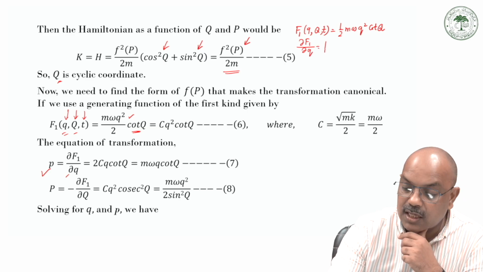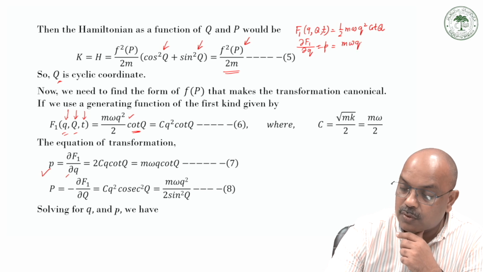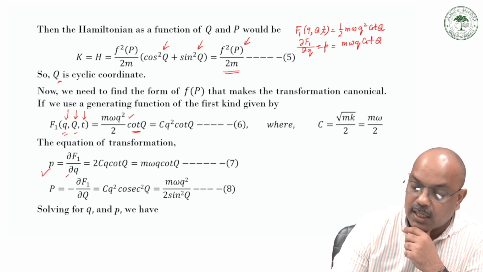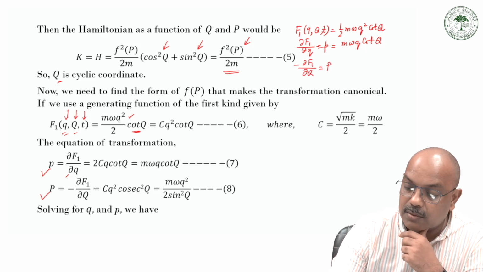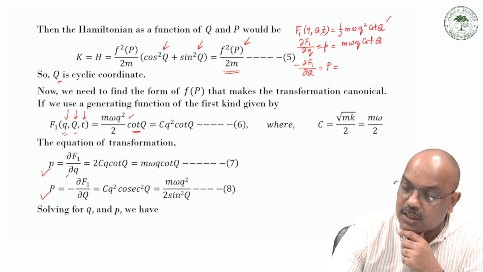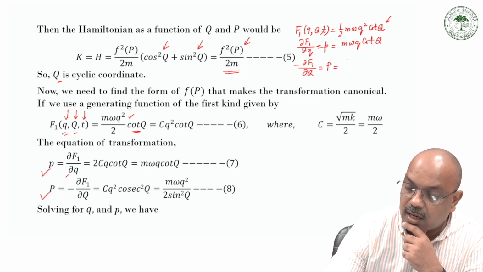Differentiating F1 with respect to q gives m omega q cot Q, and this is my small p. The second is minus delta F1 upon delta Q, which gives capital P.